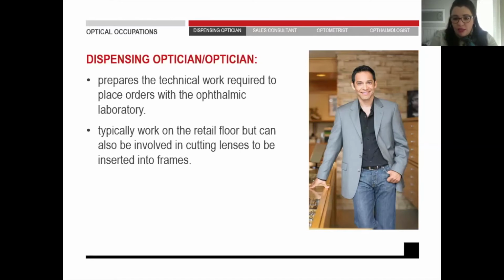The first environment is in a practice, where they will be on the floor helping patients with frames, taking measurements, choosing products, or they can work in a laboratory. In a lab, they will either be answering difficult questions from customers, or they might be involved in the technical side by physically cutting and fitting lenses into frames, or surfacing lenses, or any technical part or procedure in a laboratory.